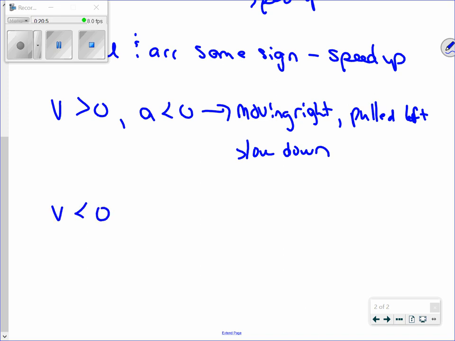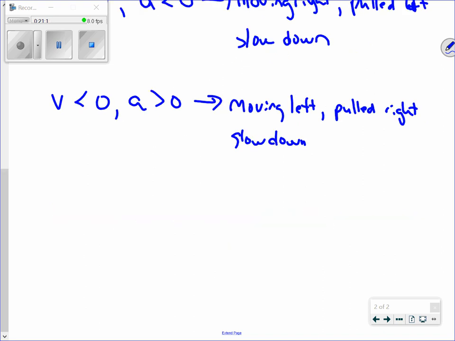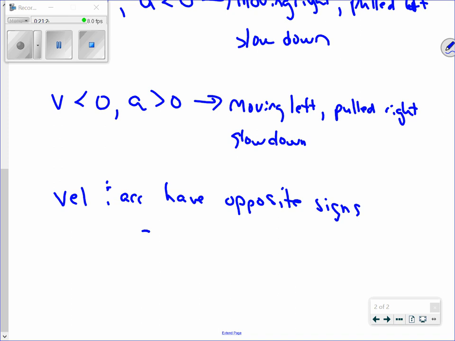If the velocity is negative and the acceleration is positive, then you are moving left, but something pulls you to the right. If you try to move to the left and something pulls you to the right, you are going to slow down. So those two things combine to tell you that if velocity and acceleration have opposite signs, then the object will slow down.